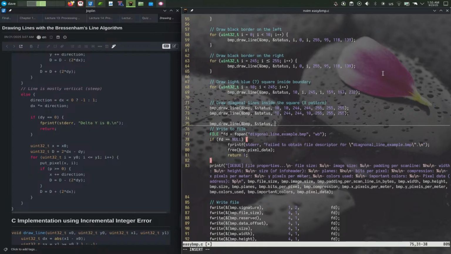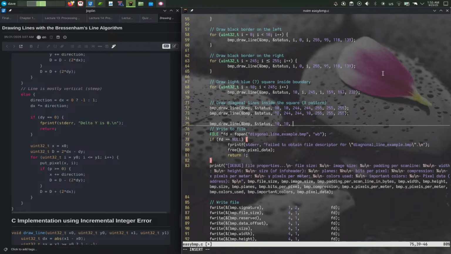Okay, so why don't we just start at 10 again? Start at 10, 10 again. We'll go a few pixels across. The middle point, if it's 10 to 244, has a distance of 234.